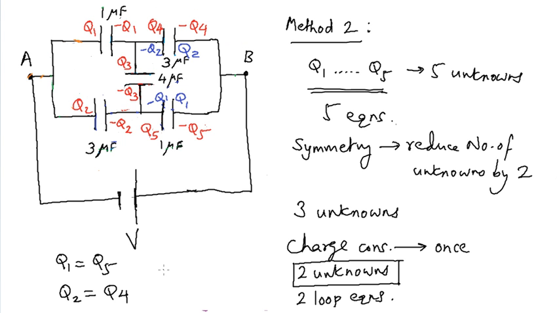Finally, we are in a position to go back to our original circuit, in which we can use these 2 equations to reduce the number of unknowns. So as a first step, I will now remove these blue colored charges because I no longer need them, like that, and I will also bring the battery's polarity back to the original, like that.